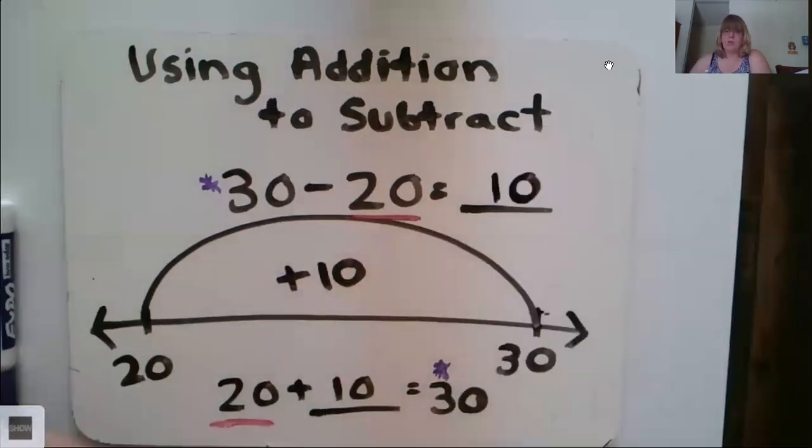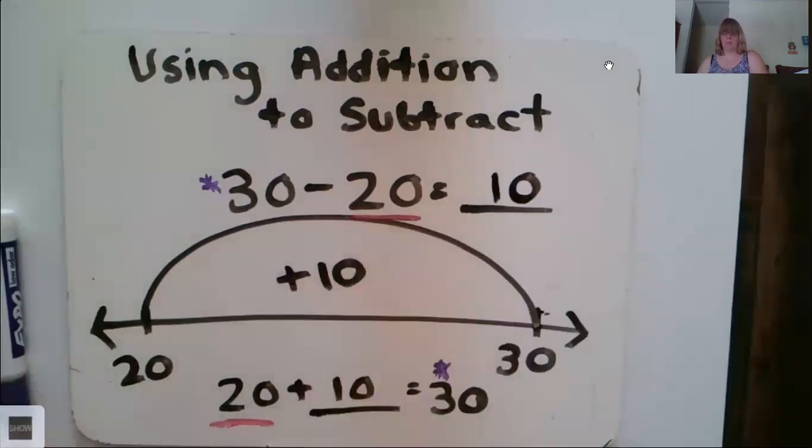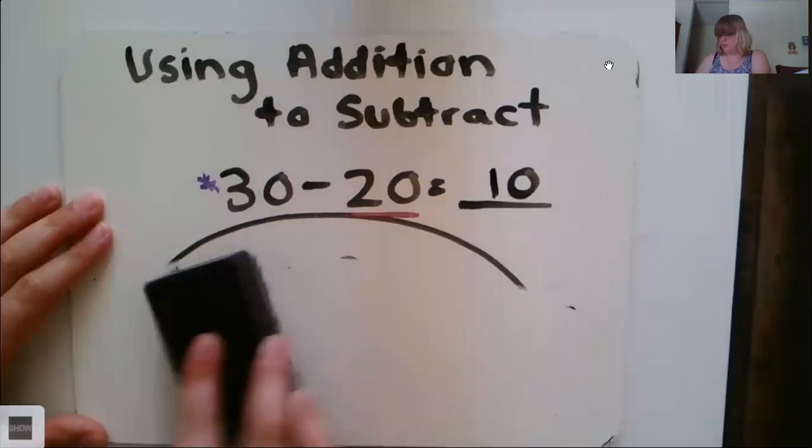And this makes what we call our fact family. So I can write several different problems for this equation to help me do my facts. And I'll show you really quickly what those four equations are.